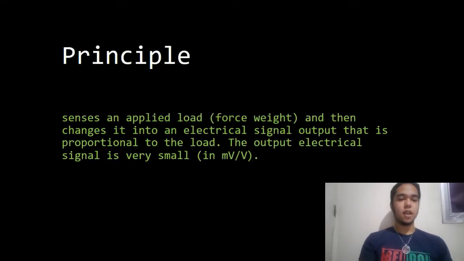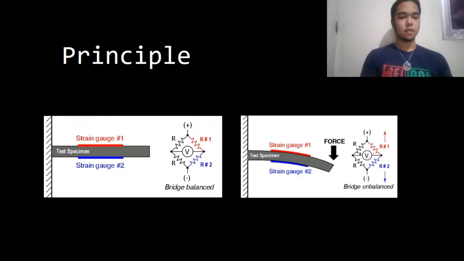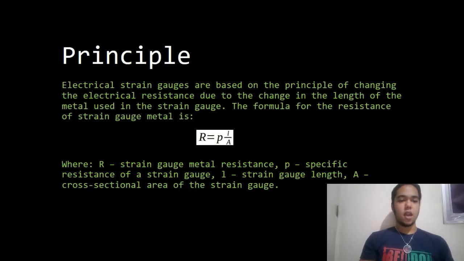Principle: it senses an applied load or force weight, and then it changes it into an electrical signal output that is proportional to the load. The output electrical signal is very small, usually in millivolts or volts. Electrical strain gauges are based on the principle of changing the electrical resistance due to the change in the length of the metal used in the strain gauge.